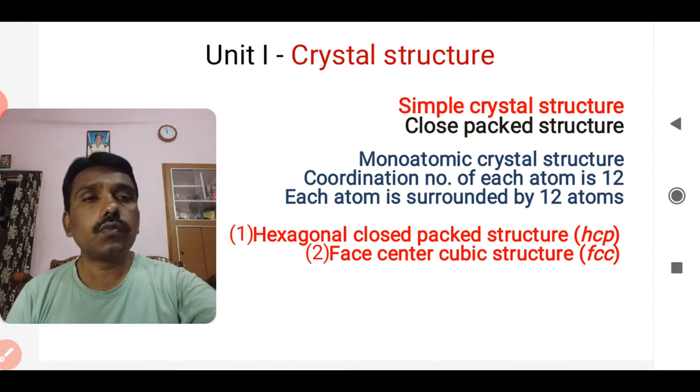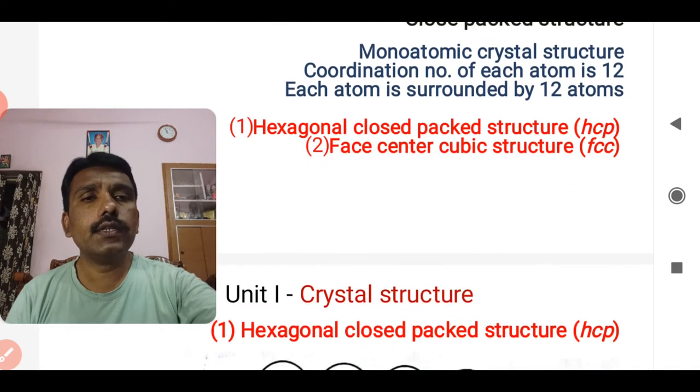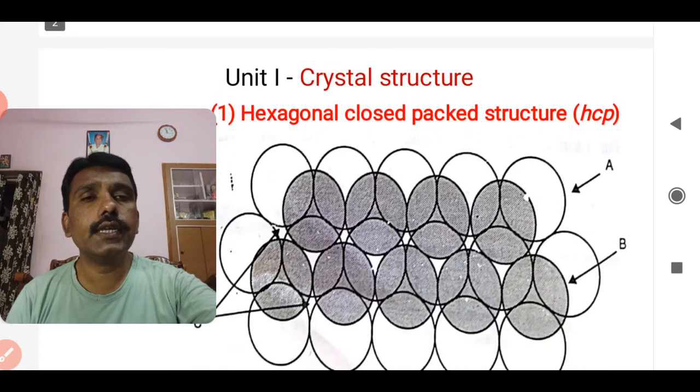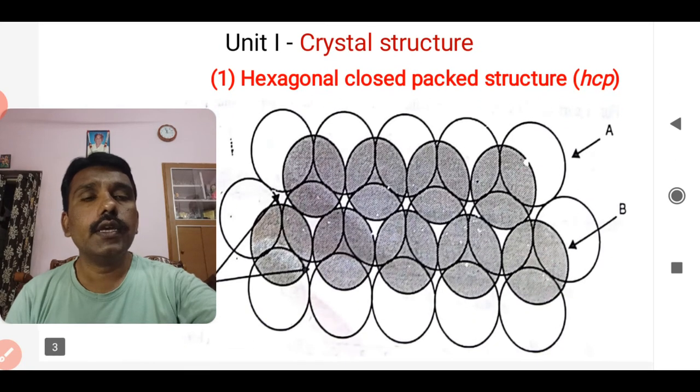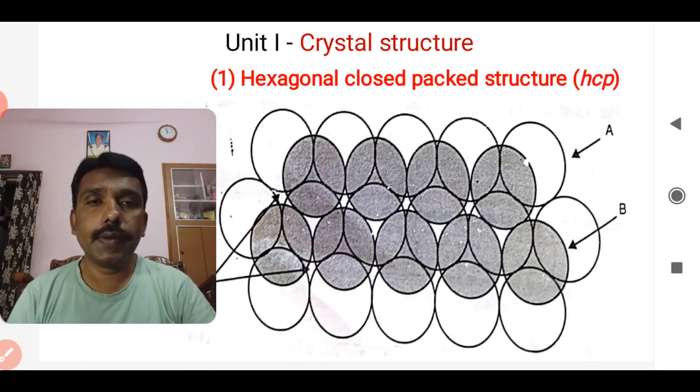So what exactly these close packed structures look like and what they contain, we will see in detail now.